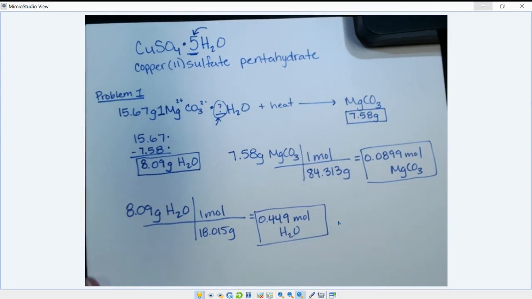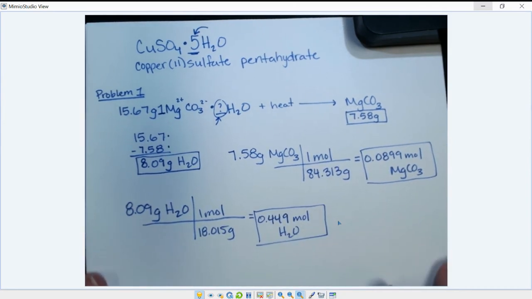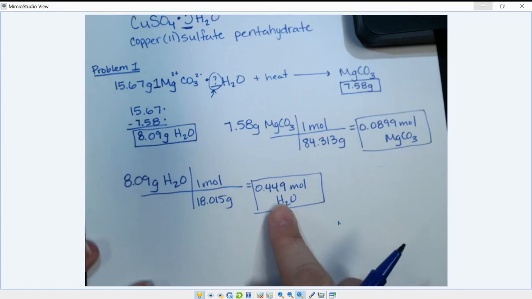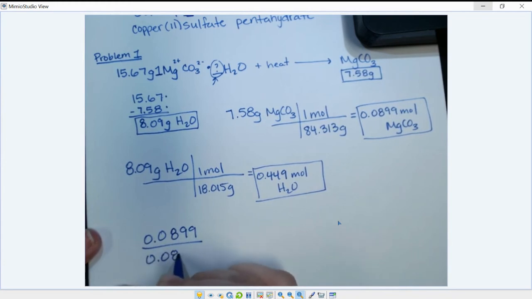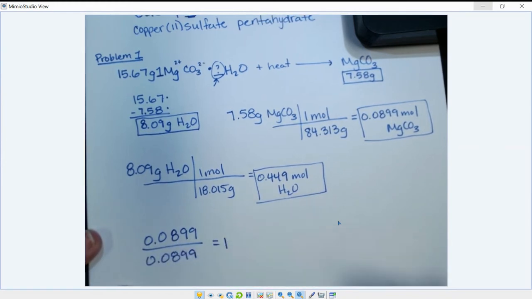Now, if you recall, when we're doing ratios, we divide every mole amount by the smallest of the moles. So 0.0899 is smaller than 0.449. I'm going to take 0.0899 divided by 0.0899, which obviously gives me 1.